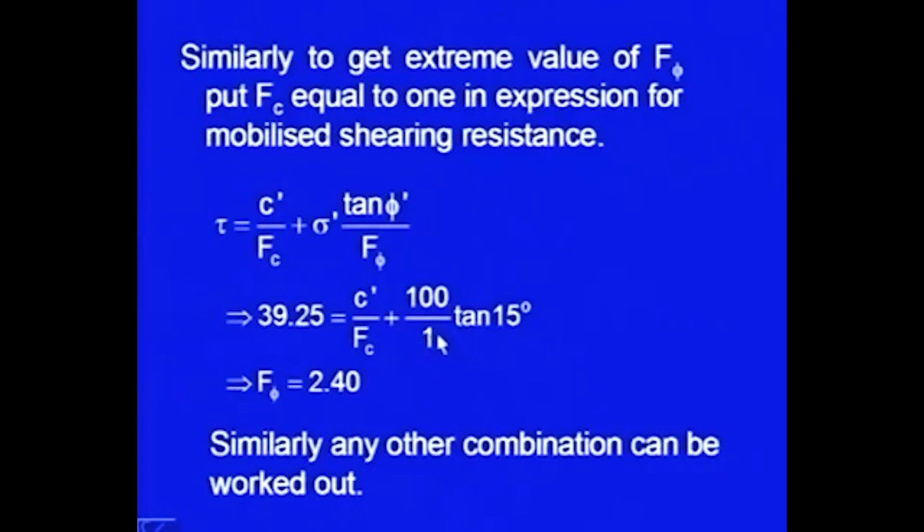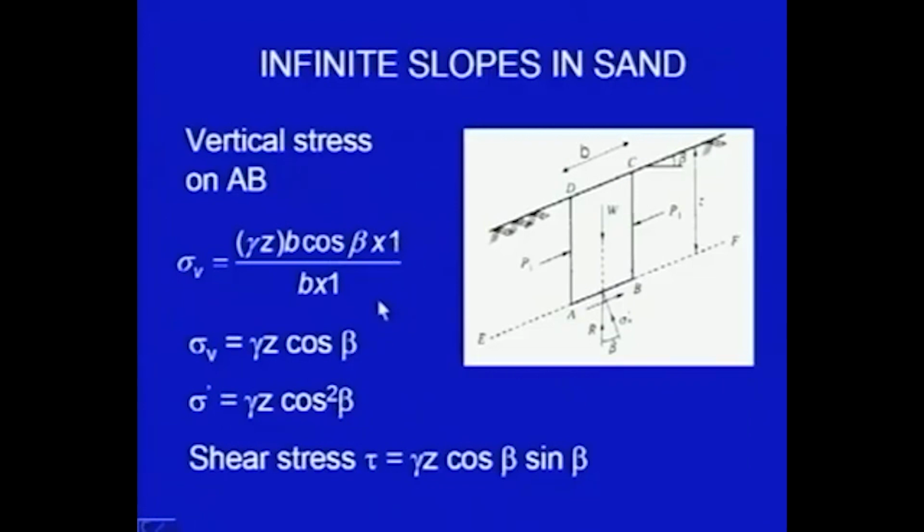When I put it as 1, the extreme value of Fc comes out to be 2.40. Similarly, you can work out different combinations of Fc and F phi. Now, let me go to the next part of this particular chapter, the infinite slopes.